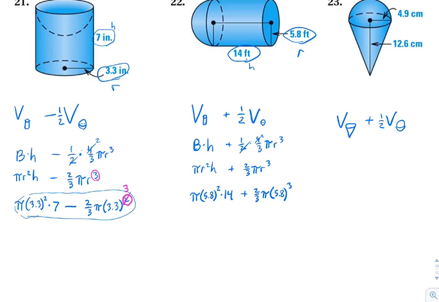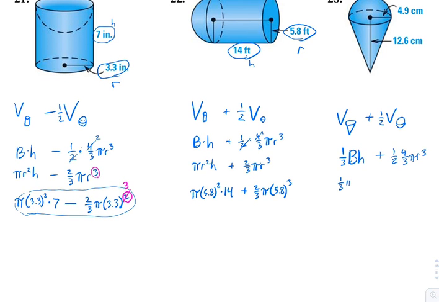Any pyramid or cone is 1/3 the area of the base times height, plus 1/2 of 4/3 pi r to the third. So this is 1/3 pi r squared times the height plus, again, cancel to get a 2, so we get 2/3 pi r to the third. It gives us the radius and it gives us the height.